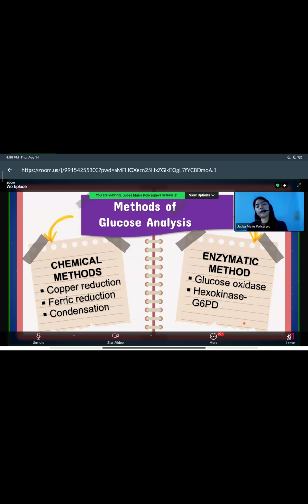Ingat ha, reference method for glucose analysis is yung pangalawa, si hexokinase coupled with the G6PD. The question is why? Bakit siya ang reference method natin? Bakit hindi si glucose oxidase? Ma'am, mukhang specific naman si glucose oxidase, bakit hindi siya?